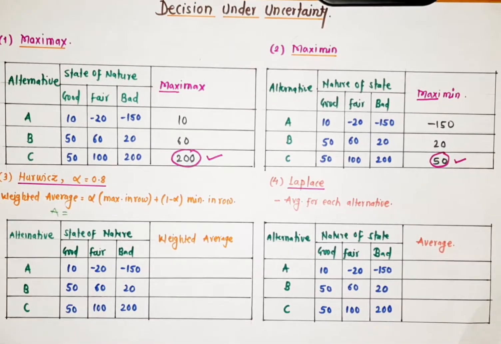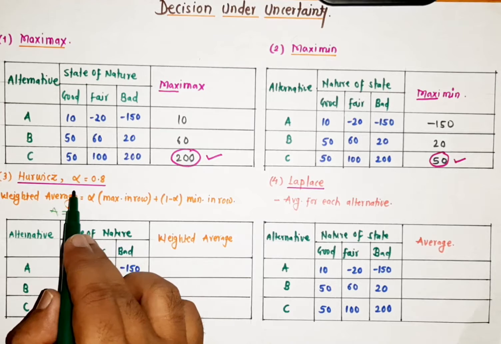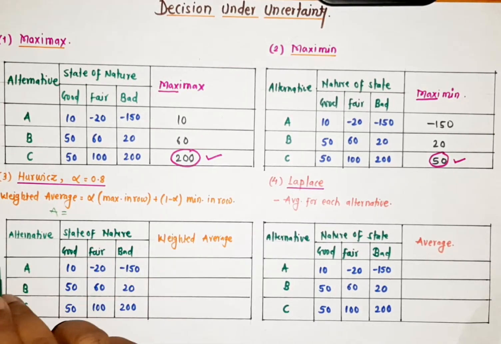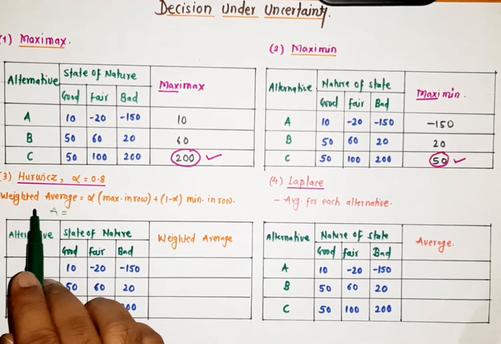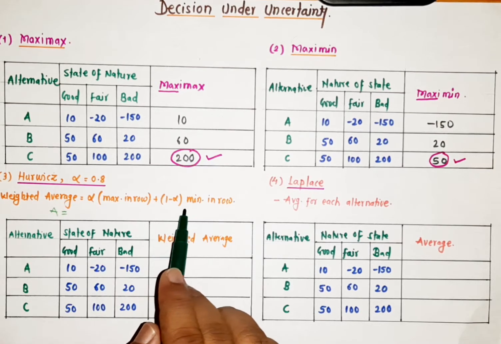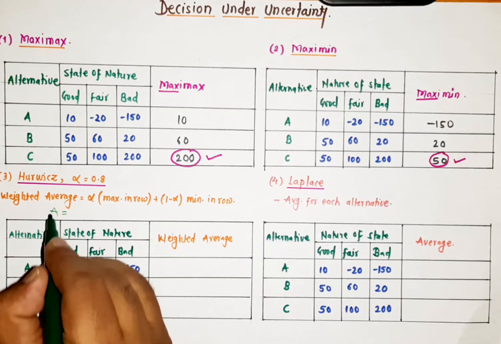Now the third problem is Hurwicz. In this Hurwicz, they will give you the value of alpha. Here we consider alpha is equal to 0.8. There is a formula for the Hurwicz method. We want to find a weighted average. So weighted average is equal to alpha into maximum in row plus 1 minus alpha into minimum in row. Here I will calculate for the A alternative.